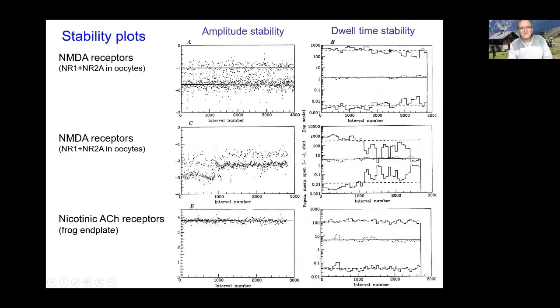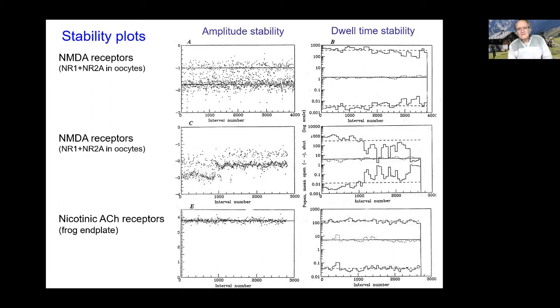The other thing you want to check is the dwell time stability. These stability plots were introduced by Carl Magleby, I think, and it's an important check before you do the analysis. The individual open times, of course, are too variable to be worth plotting.